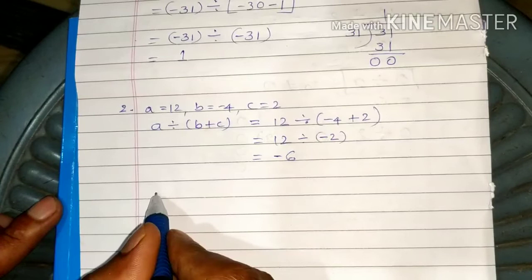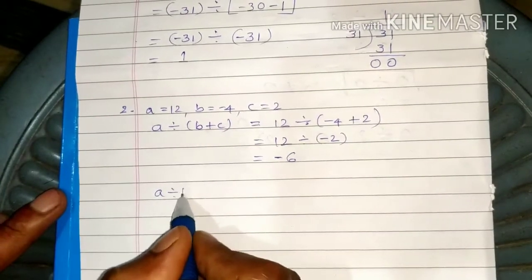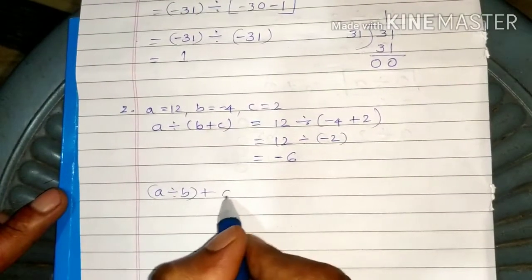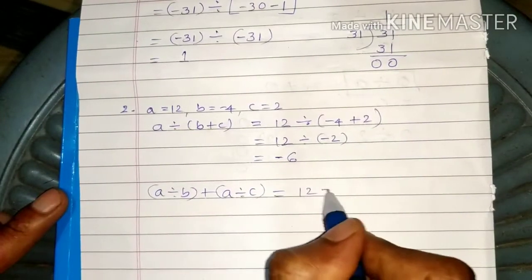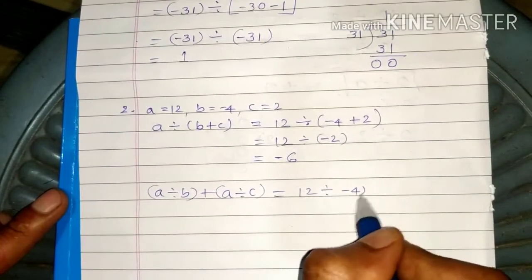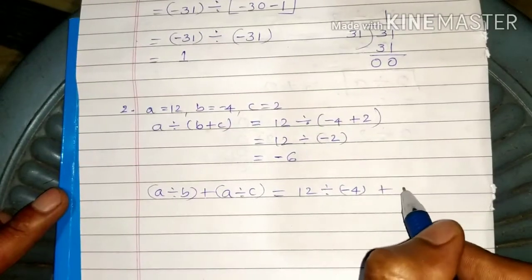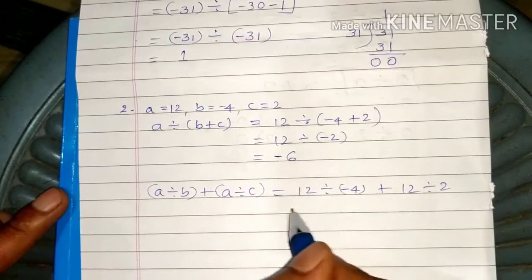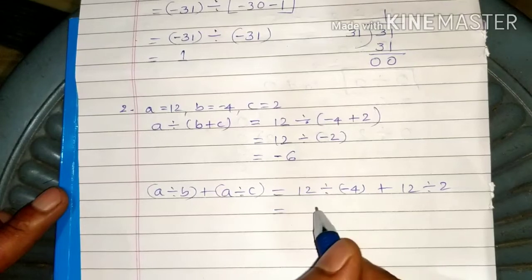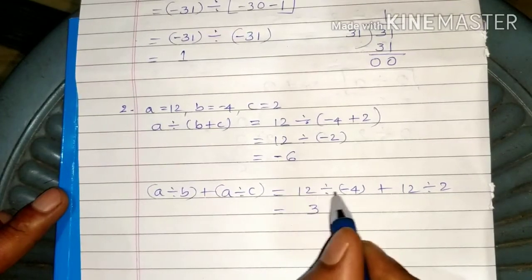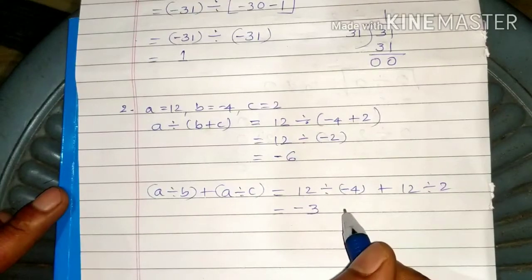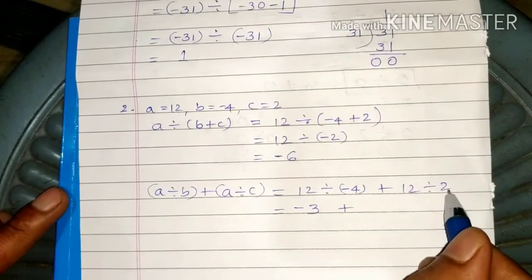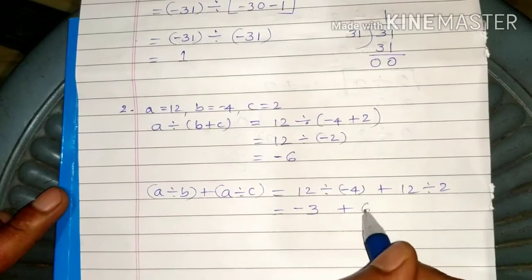Now a divided by b plus a divided by c, that is equal to, what is a? 12 divided by minus 4 plus 12 divided by 2. 12 by 4 is 3. Both have opposite signs, minus and plus, so therefore minus 3. Then plus 12 divided by 2, it is 6.